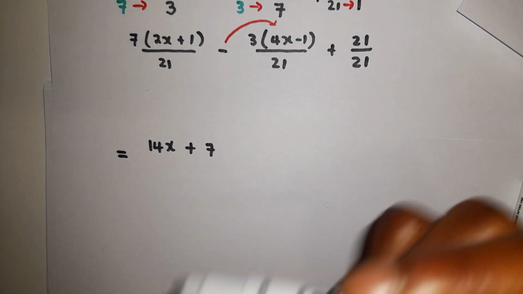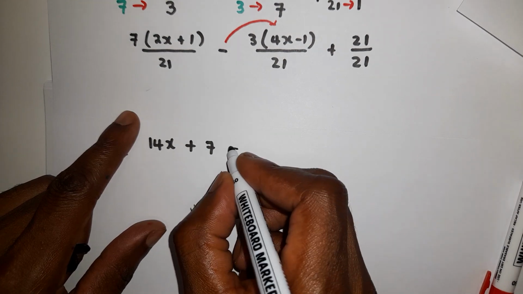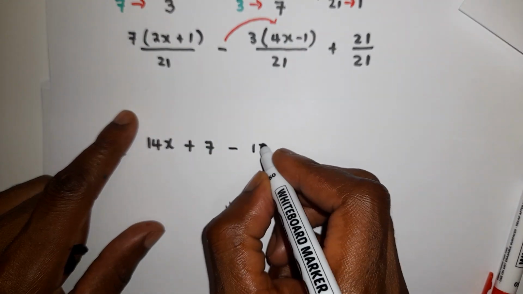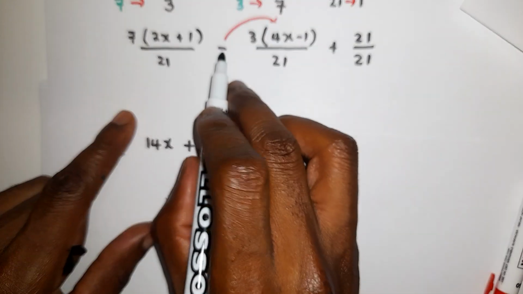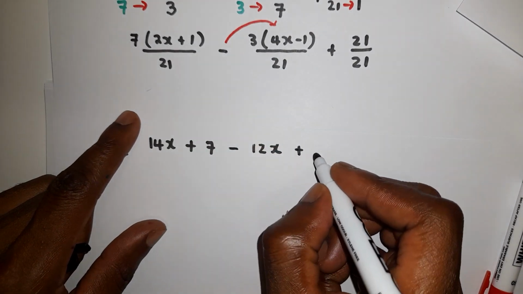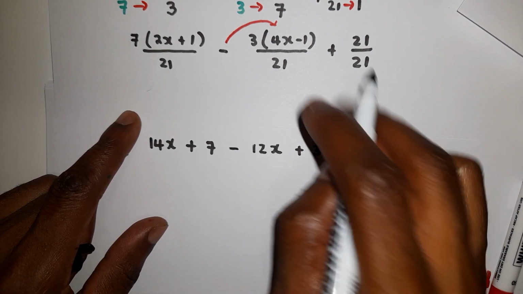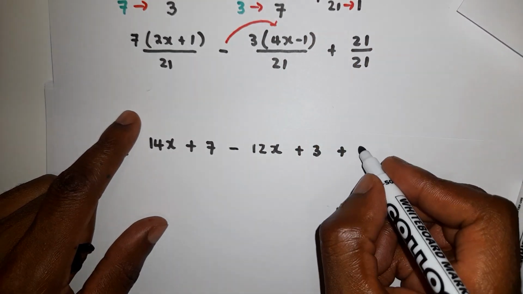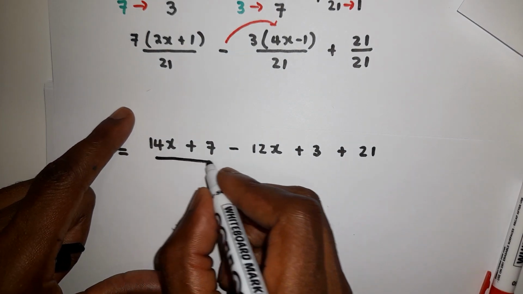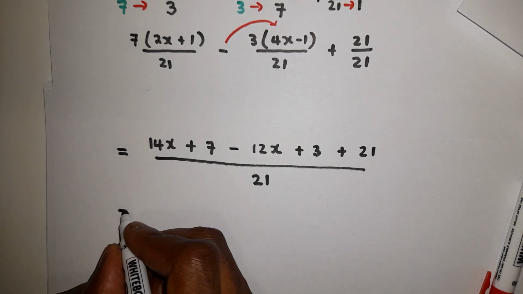Then I will have negative times a positive, which gives me a negative. Then 3 times 4x, it's 12x. Then this negative times this negative right here gives me a positive. And then 3 times 1, it's 3. Then I add this 21. Everything is divided by 21 because the denominators are the same, so you keep the same denominator.